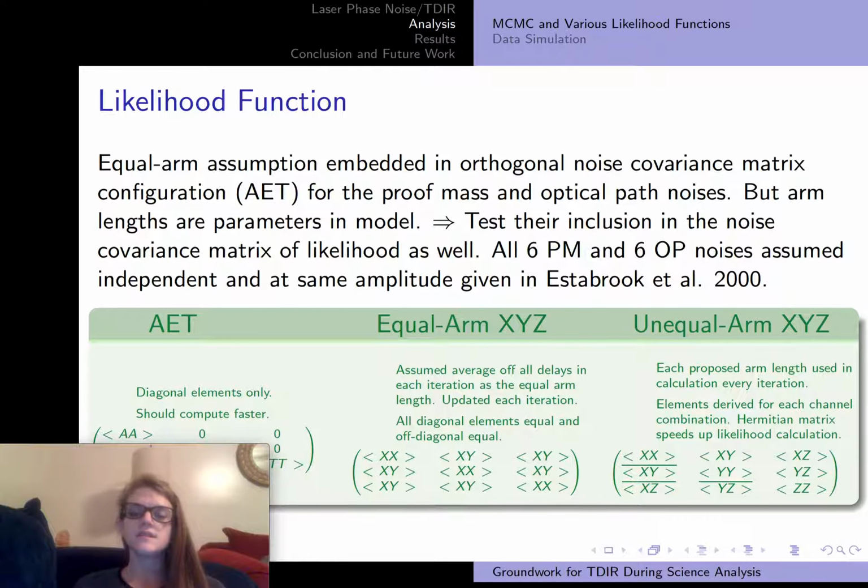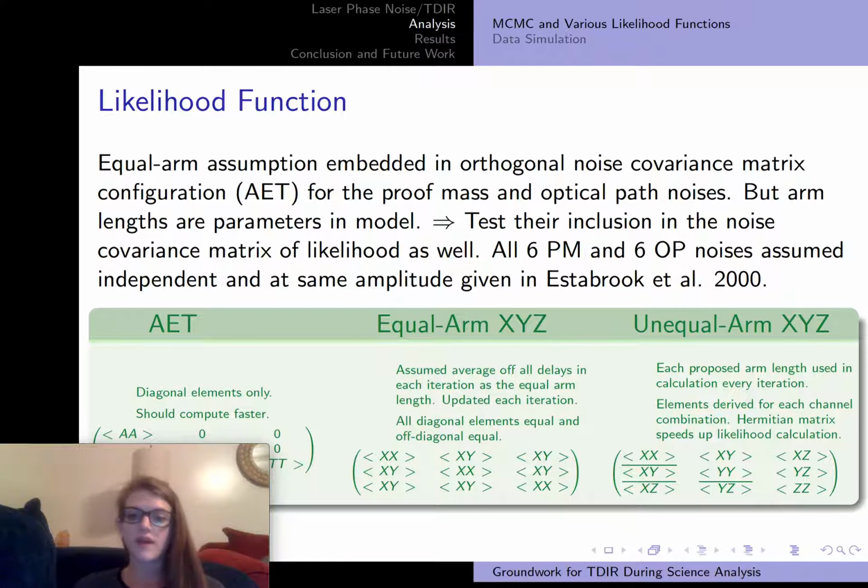And since this study is looking at the arm length parameters, we thought it might be interesting to include the arm lengths in the noise covariance matrix itself.